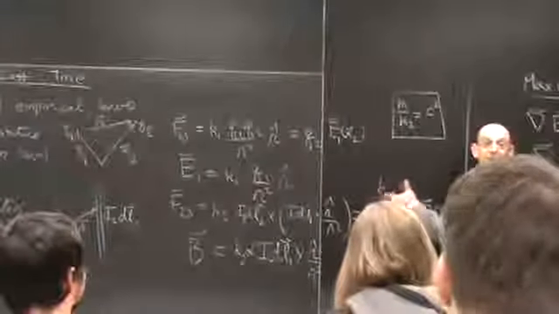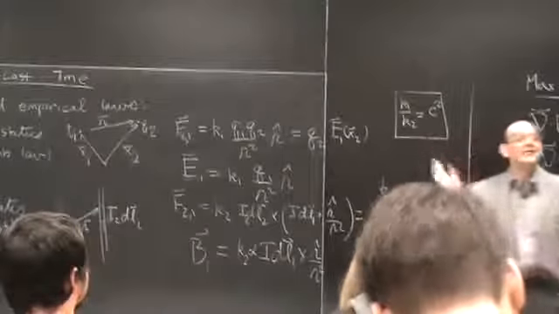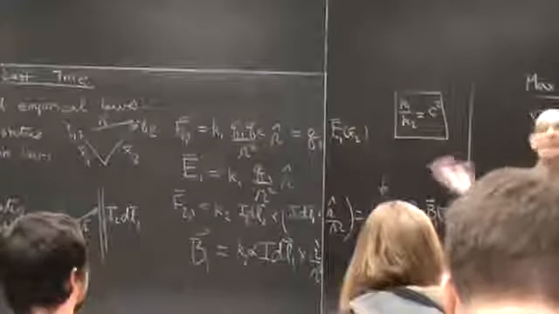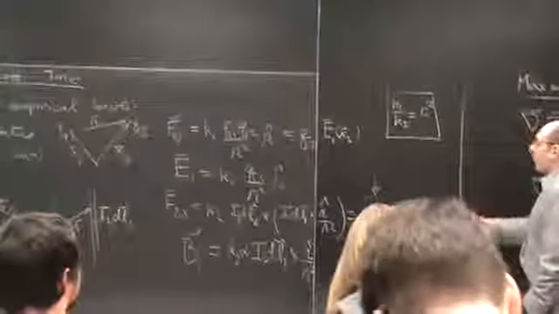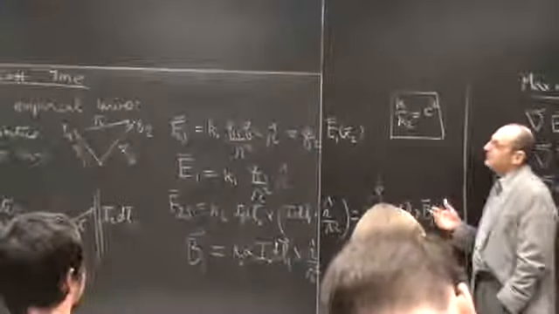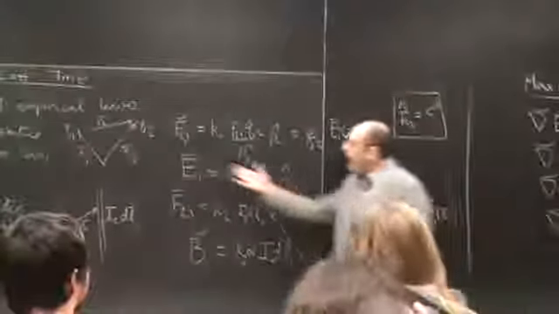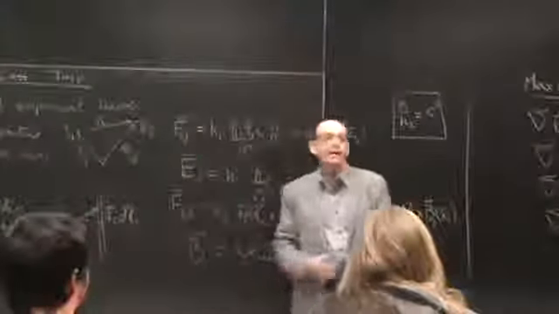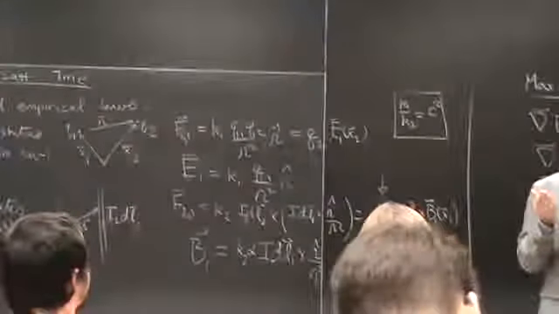I had it reciprocal in the notes last time, which is one of the reasons things got confused, and I apologize for that. The point of this extra constant is that we have, in some sense, freedom. We don't have to define the electric field and the magnetic field to have the same units.